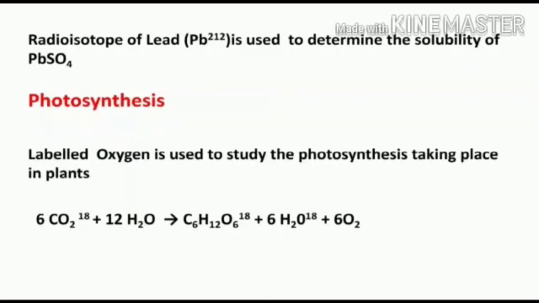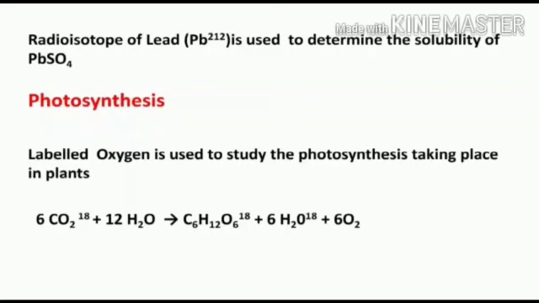Here, a very important question arises: whether the oxygen evolved in the process comes from carbon dioxide, or from water, or from both. This question has been answered by the use of the radioactive oxygen 18 isotope.